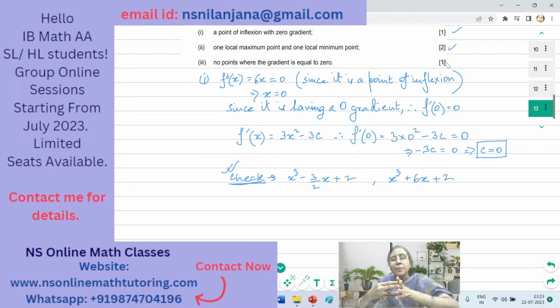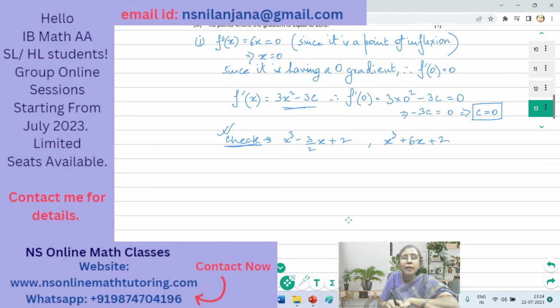How do we get local maximum and local minimum points? These are named as stationary points. For these stationary points, the f dash x value should be equal to 0. And what is the expression for f dash x? 3x square minus 3c.